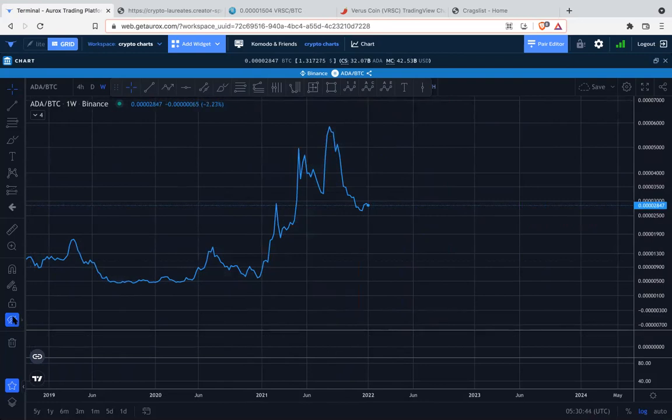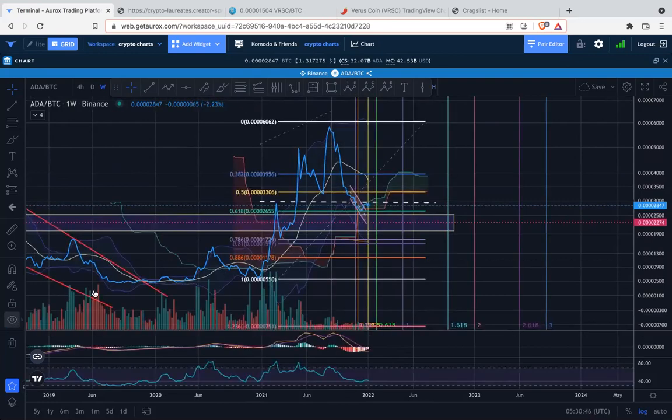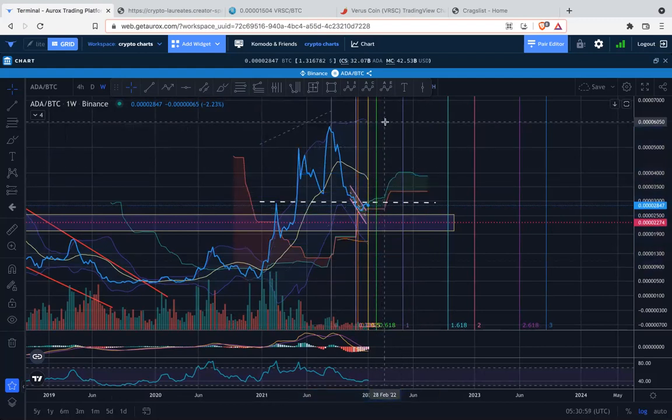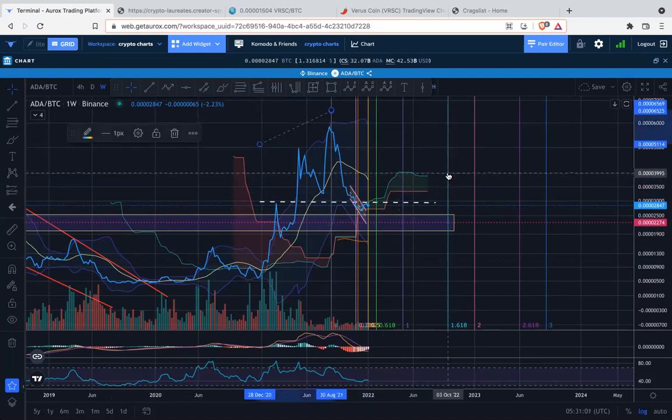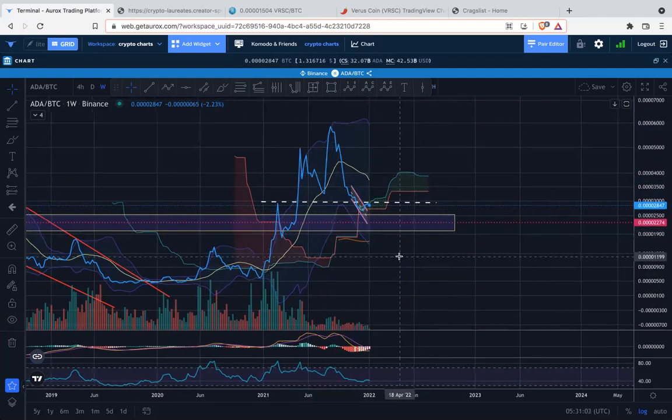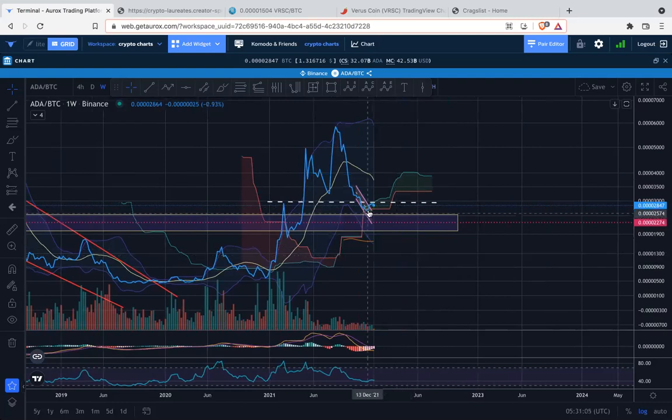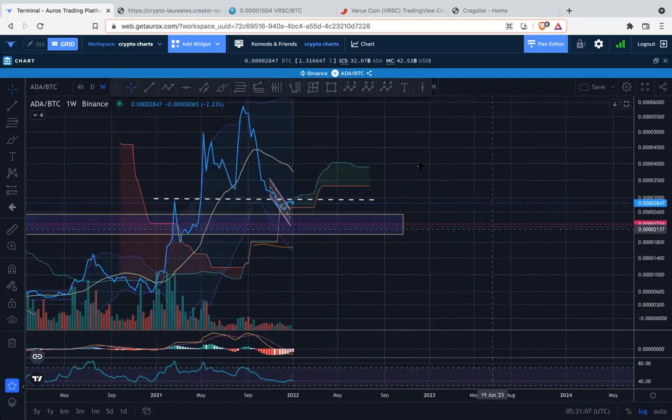So let's bring in some of these drawings and see what we've got. We've got a long-term retracement level. We've got a comparison of the time level. And we've added Bollinger Bands and we've added Ichimoku Cloud. So what's going on here?